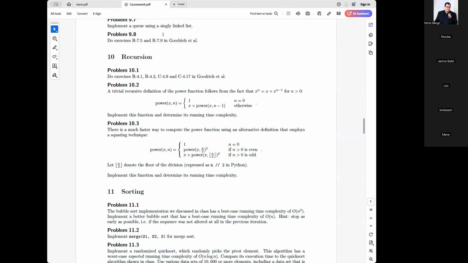Also, one note, I forgot to say this before. This better, more efficient definition of the power function is something I saw when I was a student in my first semester. The professor had not taught this, but I saw the professor had put this into one of the past exams, because my algorithms and data structures course was in my first semester in my undergrad, and the professor also had a huge set of coursework problems on his website.